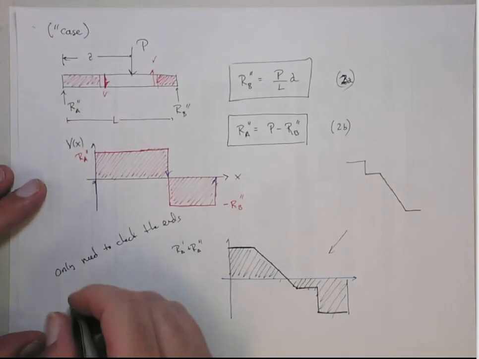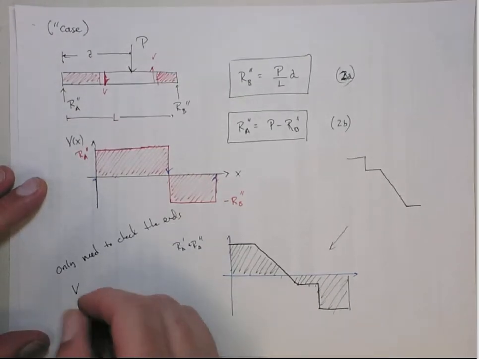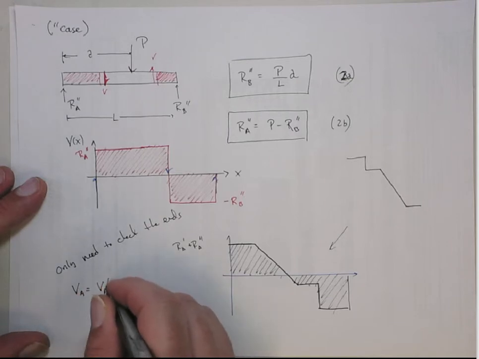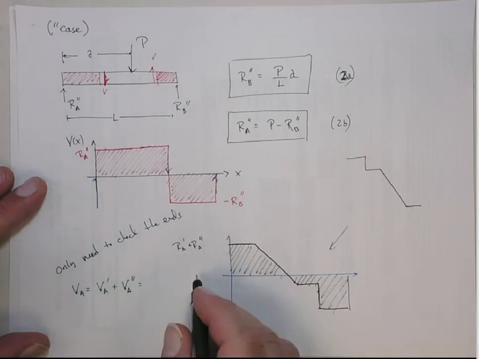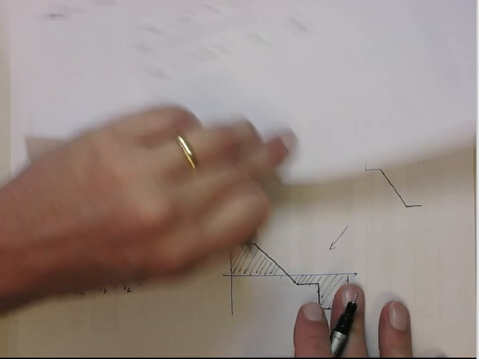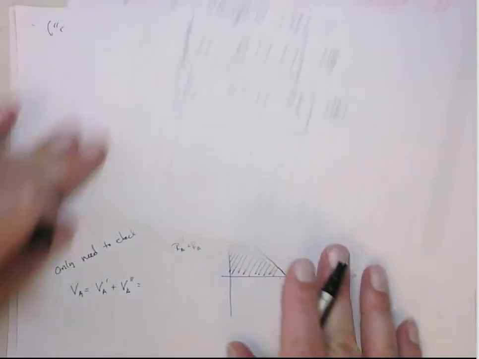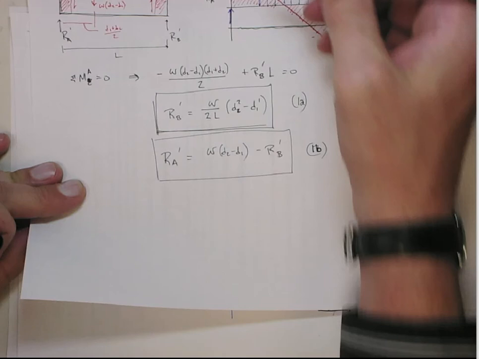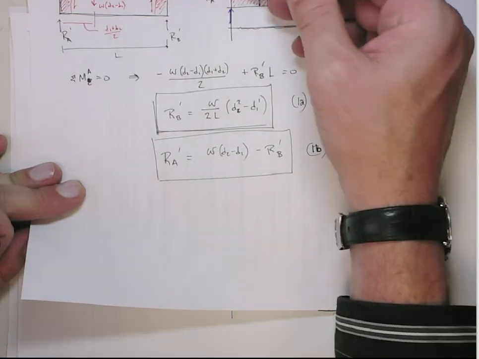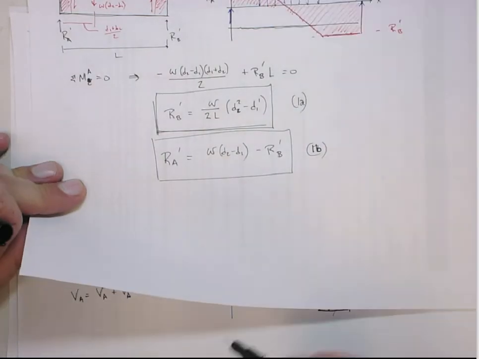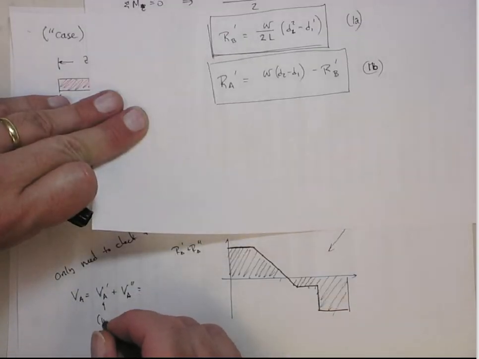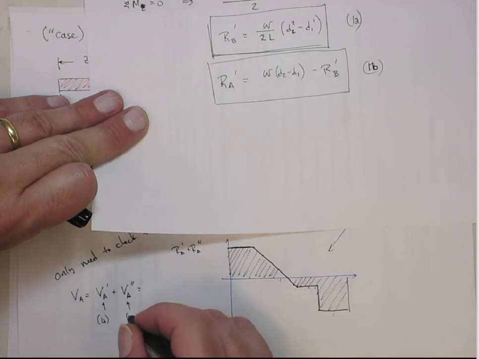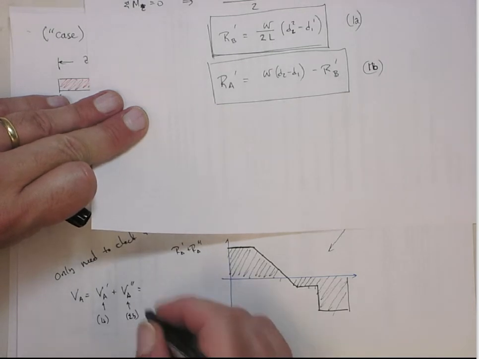So really, V at A is going to be the V at A from this case plus the V at A from the double prime case. And that's going to give me, by looking at these equations, we see that, right? This is A, we get this one from equation 1b, and we get this one from equation 2b.